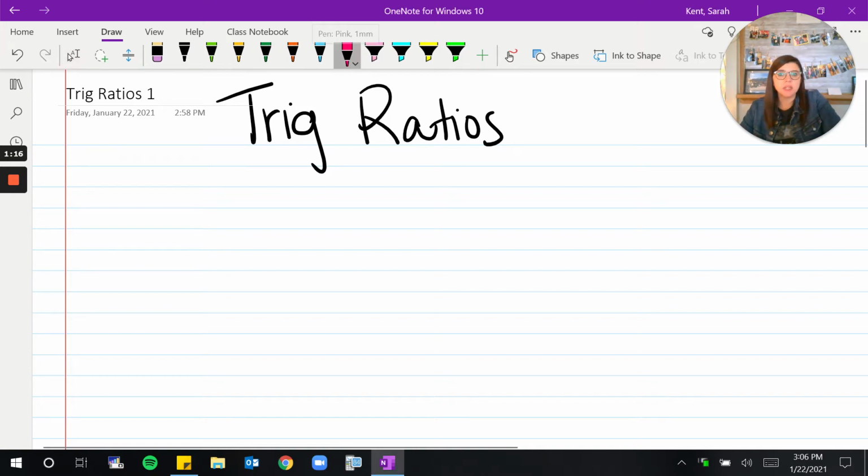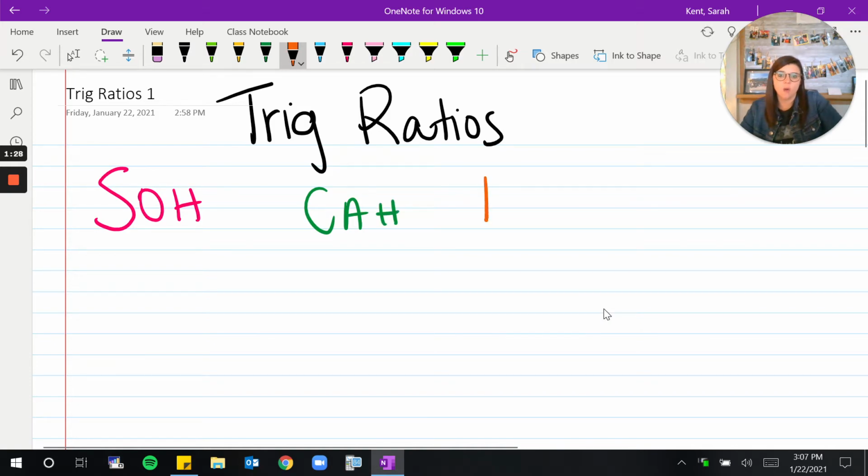So here's what you need to remember for trig. We've got a funny set of words that we're going to learn called SOHCAHTOA. So this is going to help us remember how to set these up. For each one, we're writing a fraction.